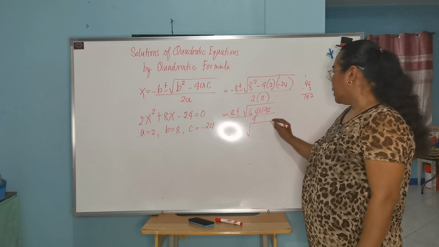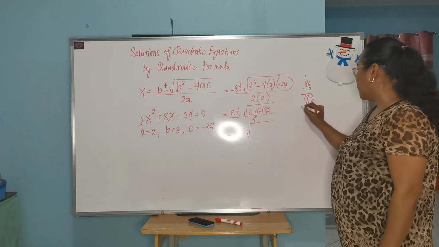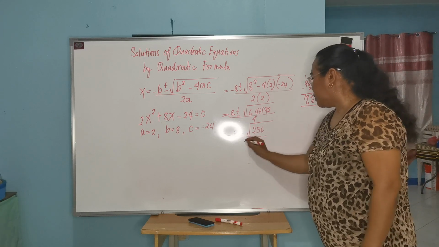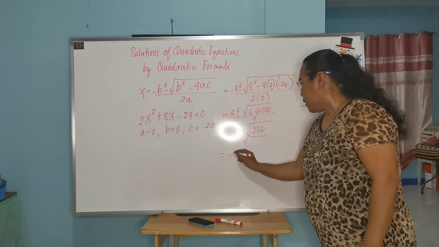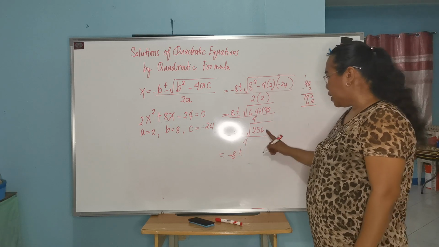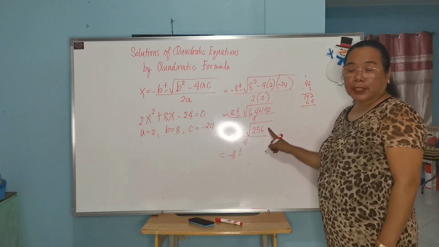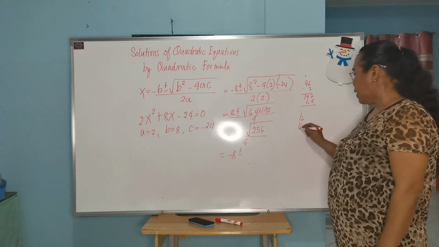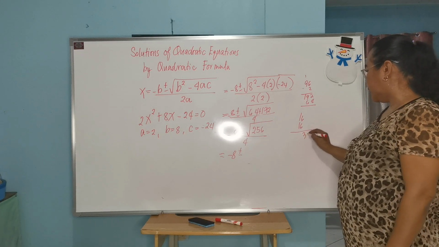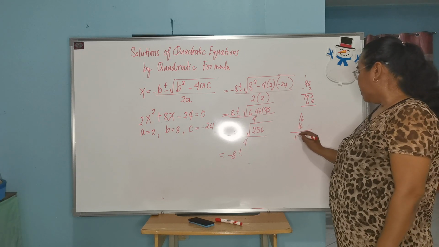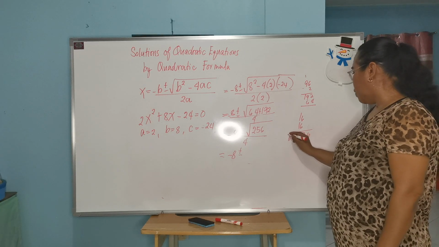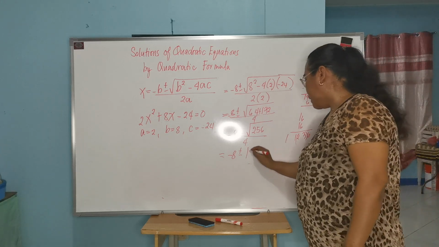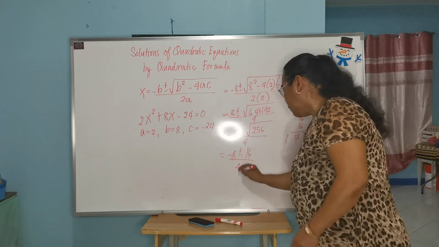If we add 64 and 192, it would give us a sum of 256 over 4. So negative 8 plus minus, what is the square root of 256? It would be 16. Okay? So that is 256. So that is correct. Over 4.